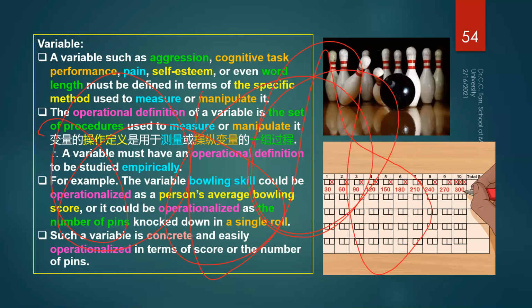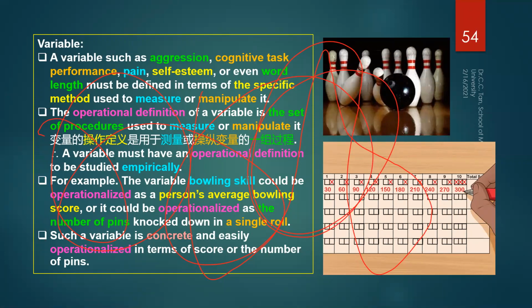That would give you satisfaction. So an operational definition of a variable is the set of procedures used to measure and manipulate it.